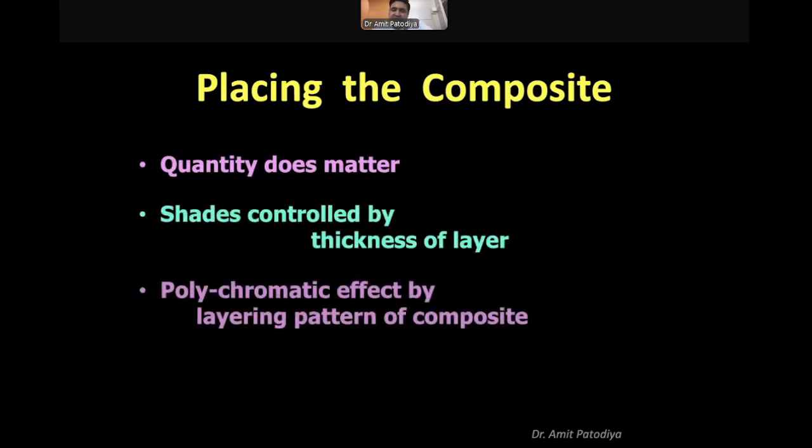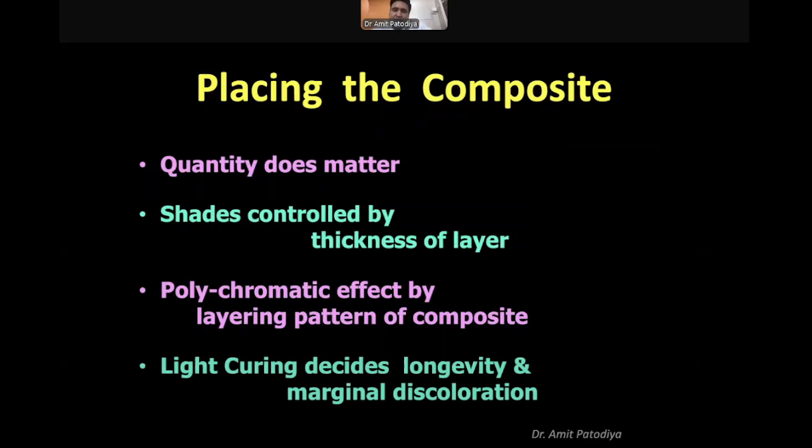These are the pointers which I give to youngsters. Your quantity does matter. Now, the same type of preparation, in one increment I will have one shade, and in another increment I will have another shade. Why? Because the minute you take a thicker increment, a bulk, your color index will change.